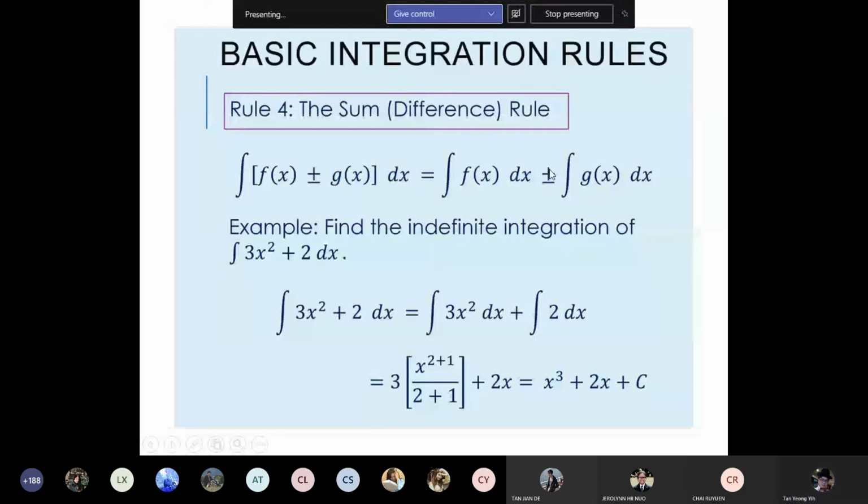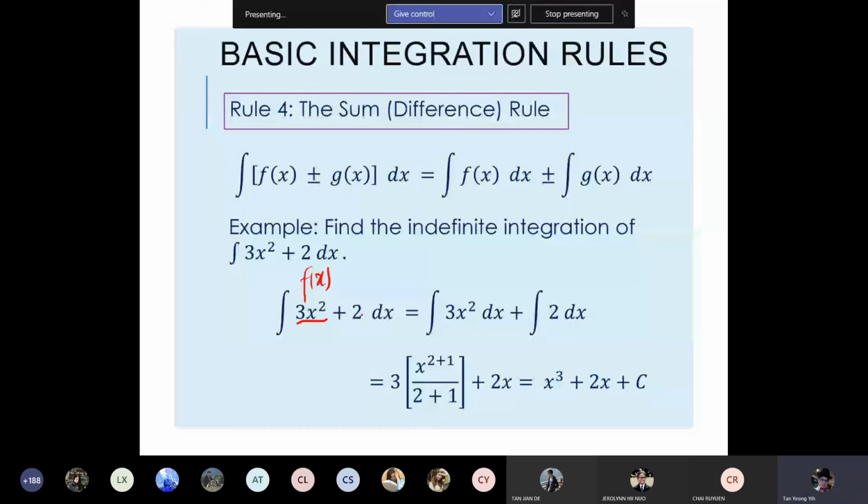So just like this one, we have one function, this is f(x), and another function, this is g(x). So when we integrate, we actually integrate them separately.